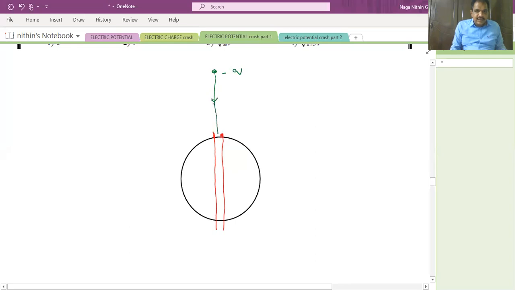When it reaches the surface, its velocity will be v, let it be v surface, vs. Take the center, let it be vc. It passes through the tunnel. When it reaches the center of the tunnel, what will be its velocity?